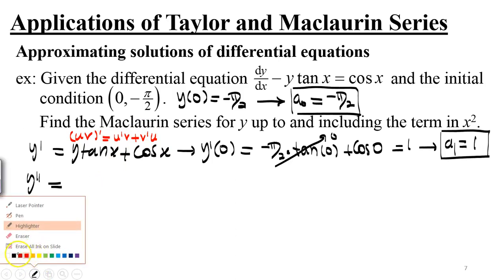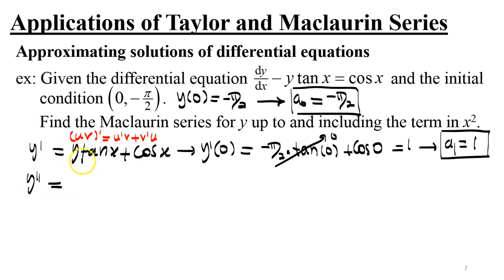That's the product rule of the derivative. So u prime, which is y prime, times tan, plus v prime times u; the derivative of tan is secant squared, so that would be y secant squared x, and the derivative of cosine is negative sine.